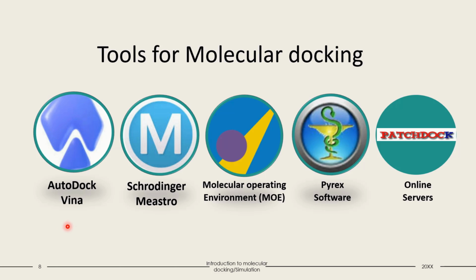The first tool we have here is AutoDock Vina, which most people make use of because it's more affordable and is also very much acceptable in different kinds of study. There are also free academic versions of it for individuals interested in this.